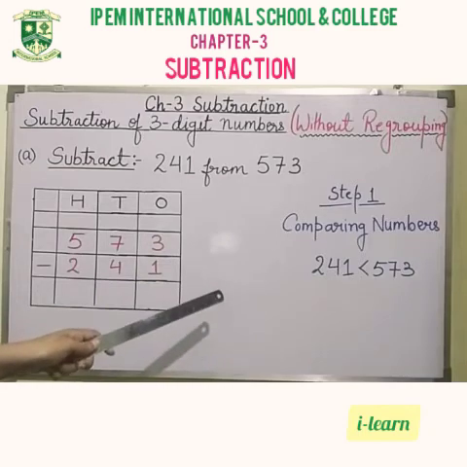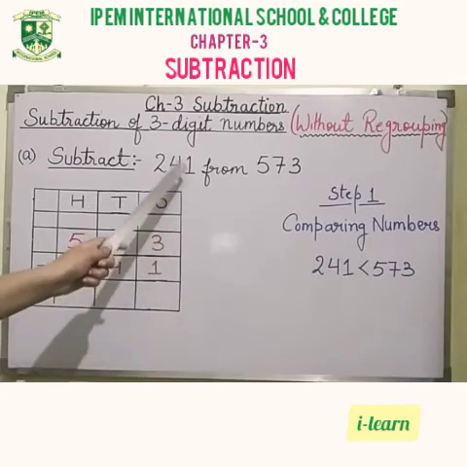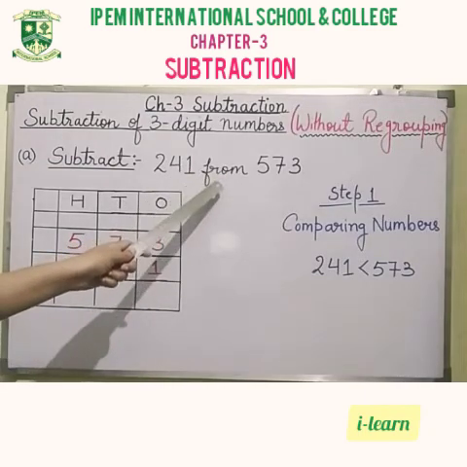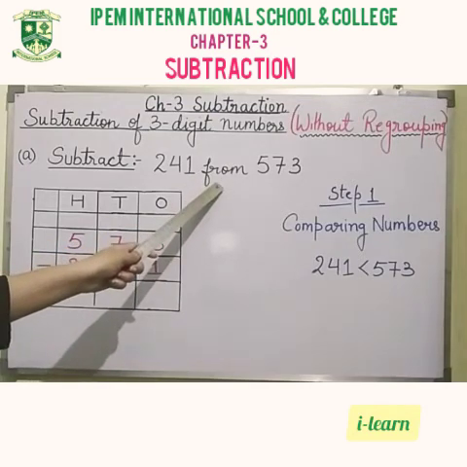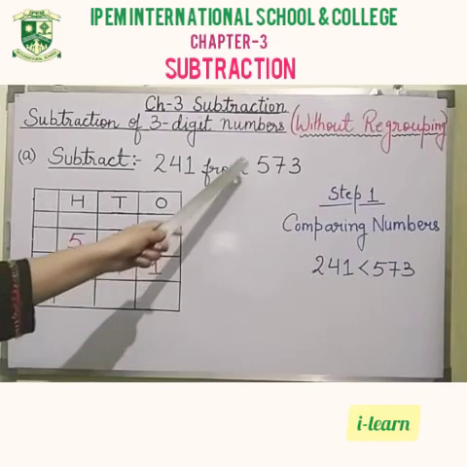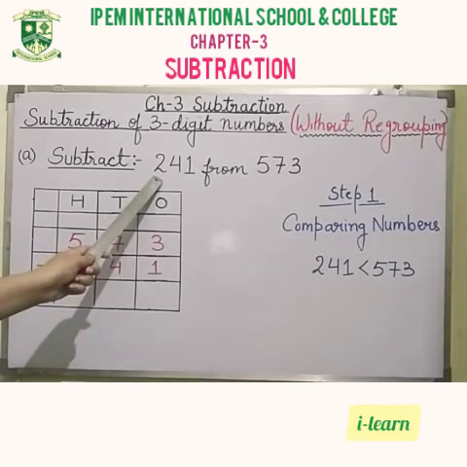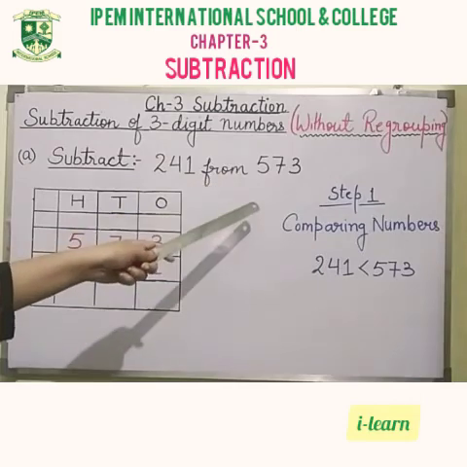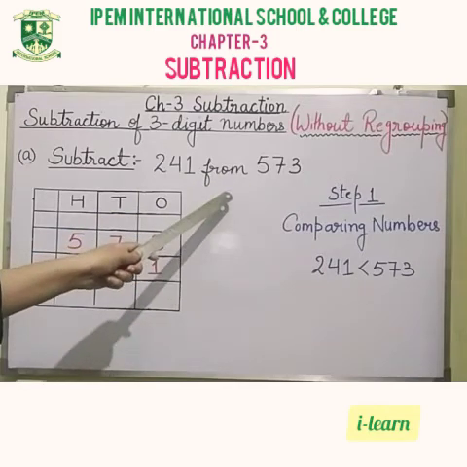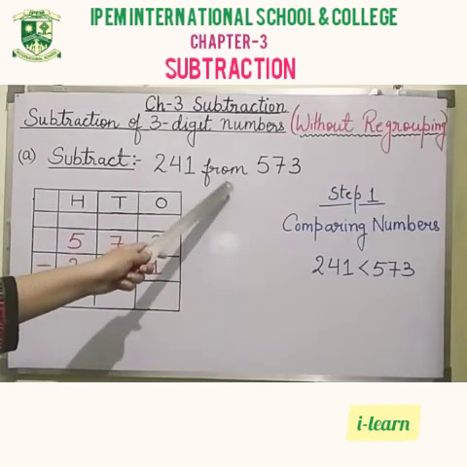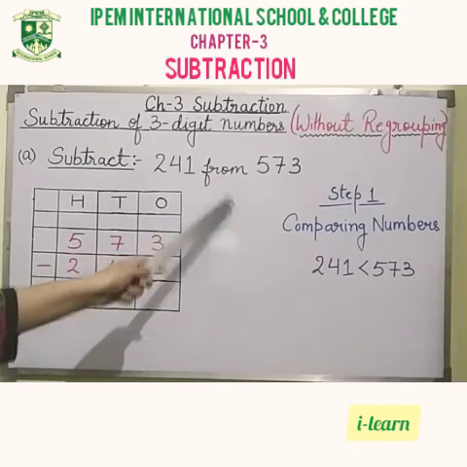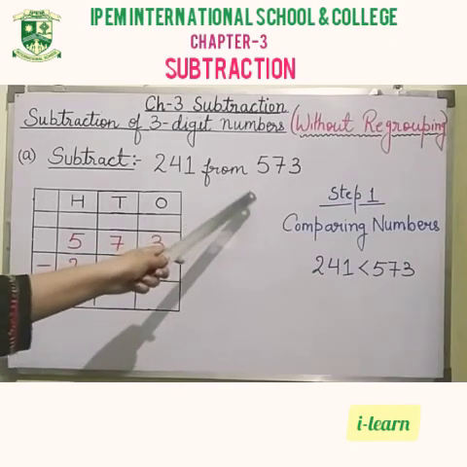Or the second method is that you can simply copy down the number first, which is written just after the word from, because here we are subtracting first number from second number. So we always write the number which is written after the word from.